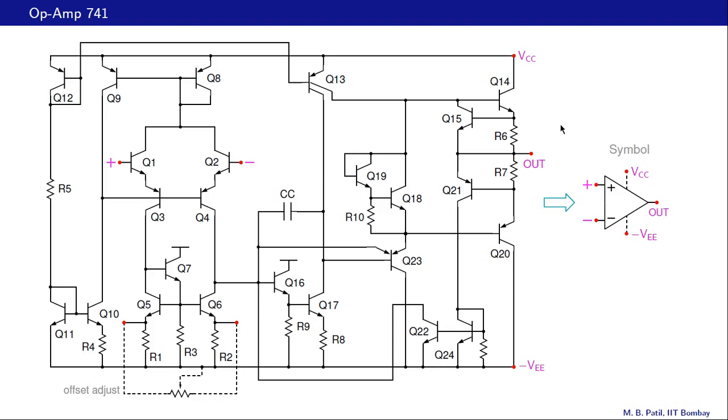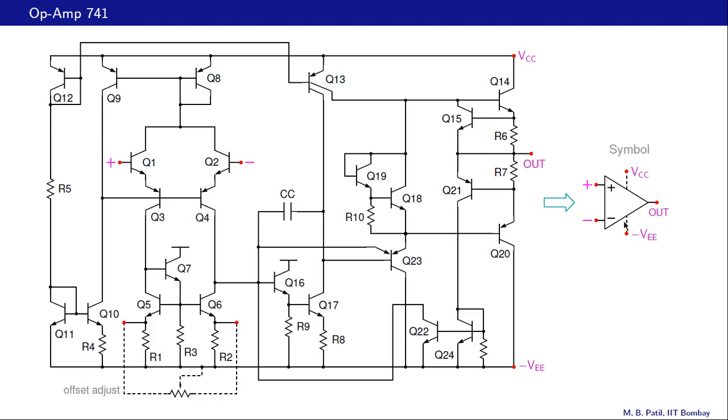In addition, we have the power supply nodes VCC and minus VEE. VCC could be 10 volts and minus VEE could be minus 10 volts, for example. So they are complementary, and this VEE normally is treated as a positive number, so minus VEE is negative.